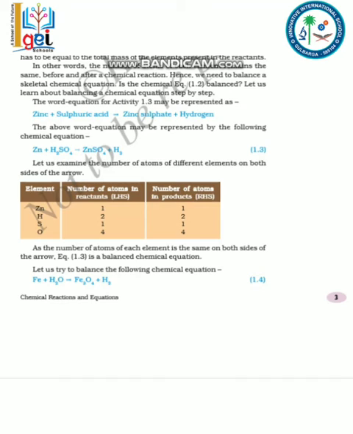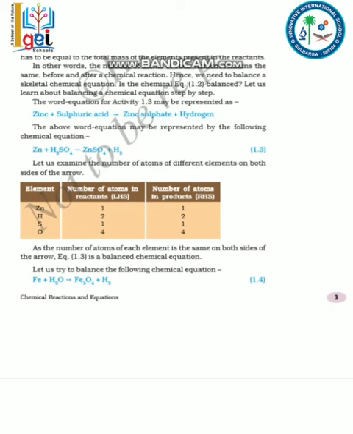So let us take another example. As the number of atoms of each element is the same on both sides, equation 1.3 is balanced. So let us try to balance an unbalanced equation. For this, let us take the equation of iron plus water that gives rise to iron oxide plus hydrogen, equation 1.4 in the textbook.